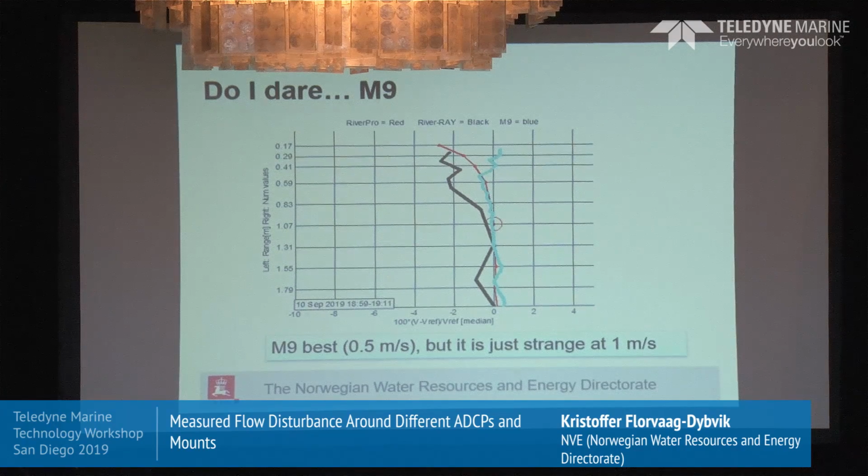And then the M9. This is the M9, not in the hydro board, but in the Torrent board that they sell in Europe. And to my surprise, it showed very little flow disturbance around it.